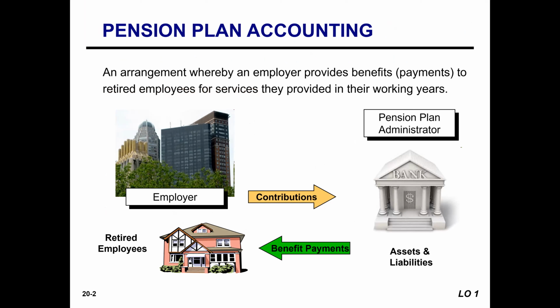I know, for example, Boeing used to have a pension, and then they switched it over to a 401k plan. And so we're going to talk about some of the differences between those, but basically a 401k is a defined contribution plan where you make contributions, and depending on how much you contribute is how much you're going to have at retirement.